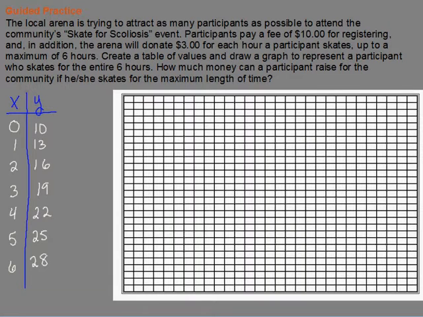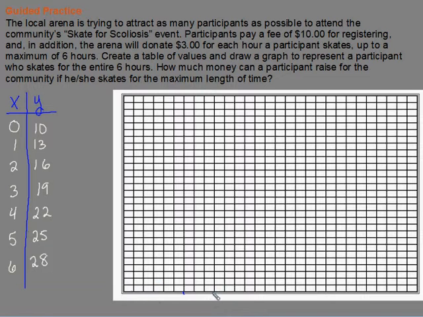Okay, let's talk about scale when we're graphing this. Now our X value goes from 0 to 6. If we use just the individual lines, that would be 1, 2, 3, 4, 5, 6. Our entire graph is only going to be in this tiny little space. When you're graphing, to make things look the most visually accessible, you want to take as much of the space as you can.